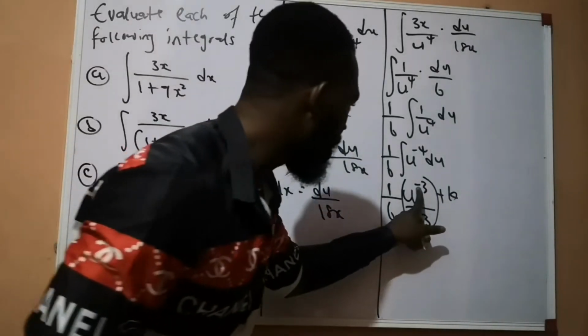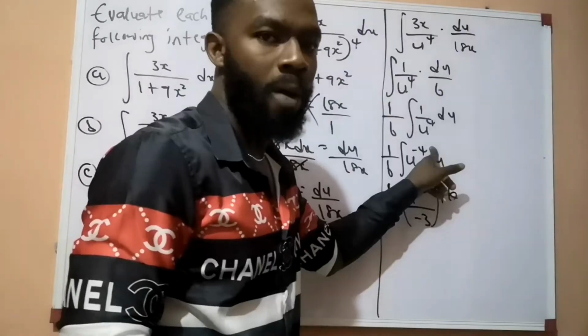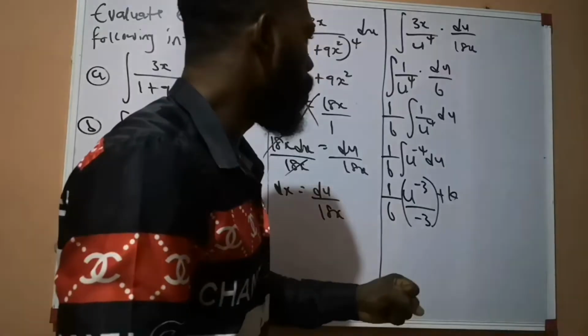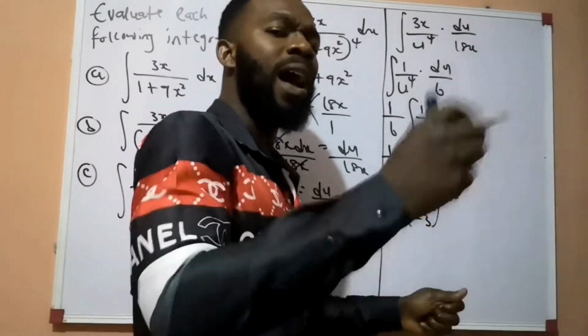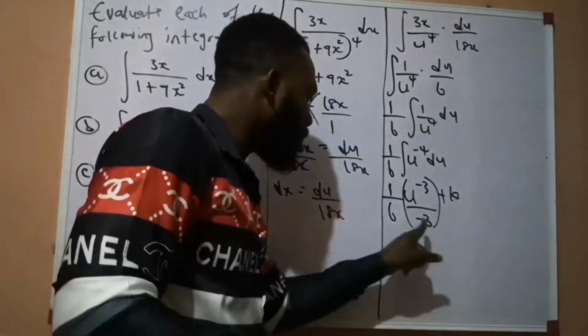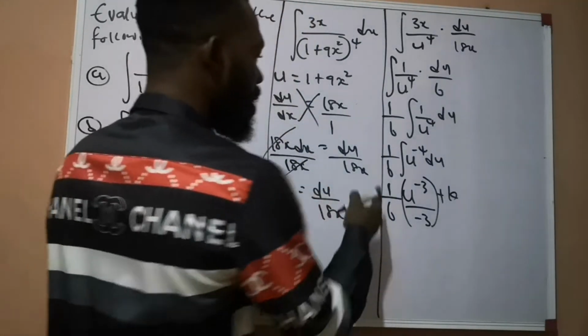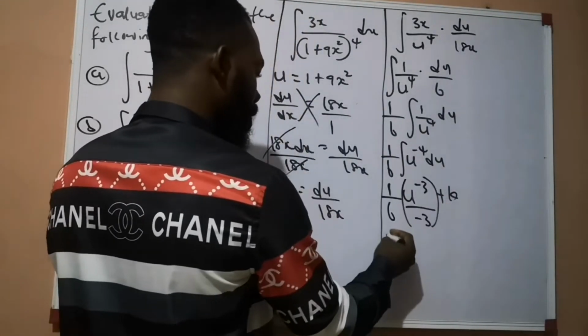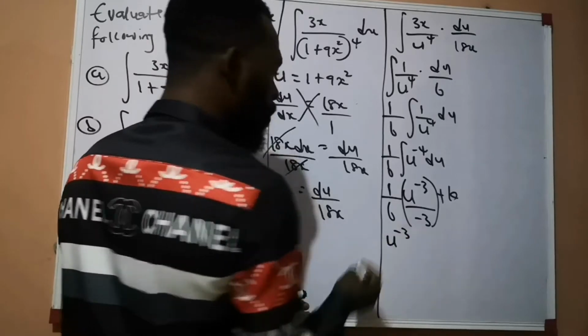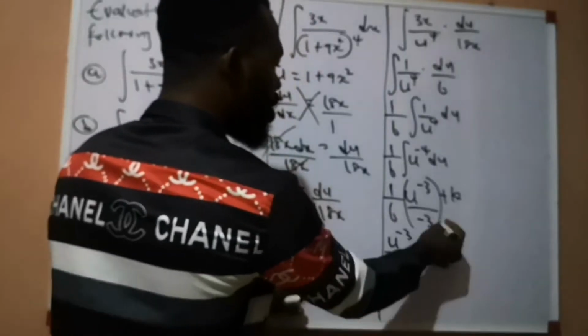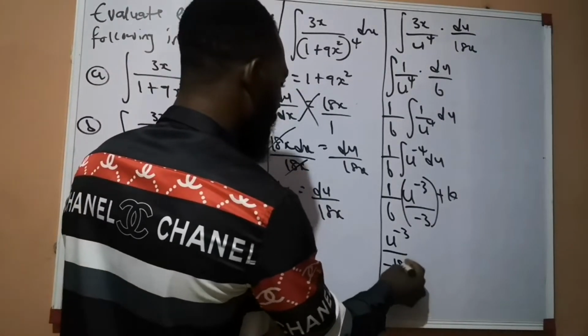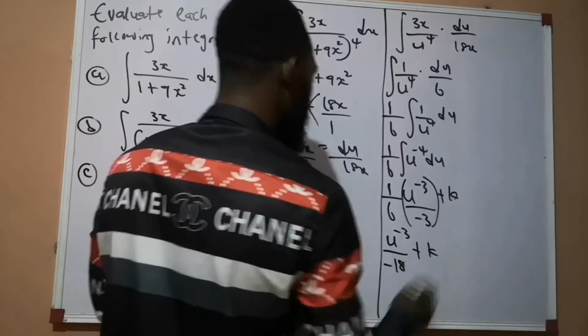How did I get minus 3 again? I added 1 to the power. And don't forget that when you add 1 to the power, what you have as the power now will also be at the denominator. If we open the bracket, 1 times u raised to the power minus 3 gives us u raised to the power of minus 3 over 6 times minus 3, which gives us minus 18, plus k.